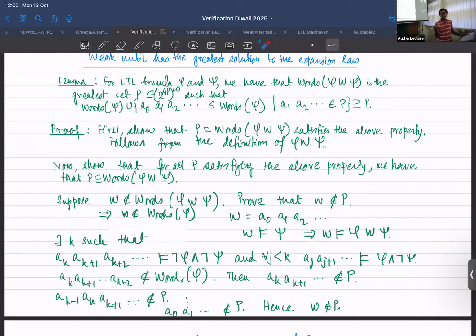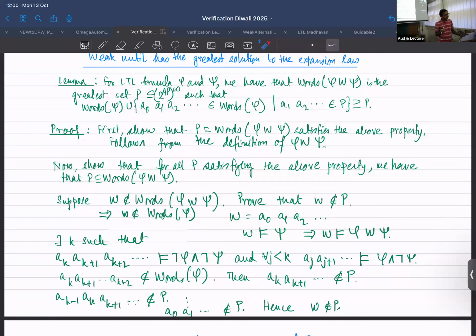That's why phi weak until psi is the greatest set. The proof is very similar to what we saw earlier with the strong until, except that instead of greatest, there we had a least set.